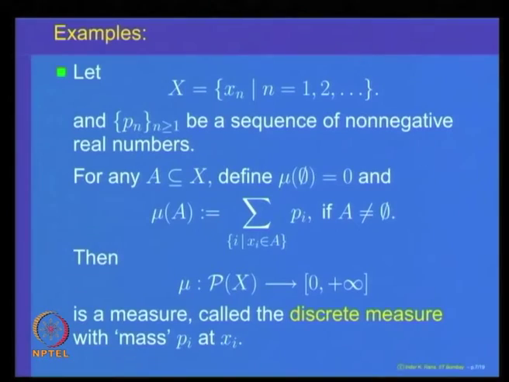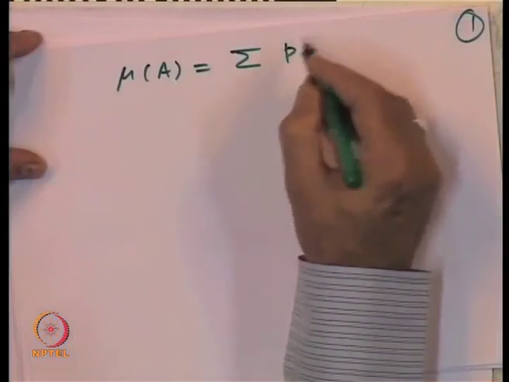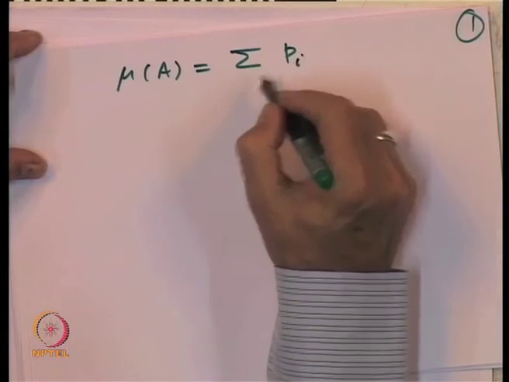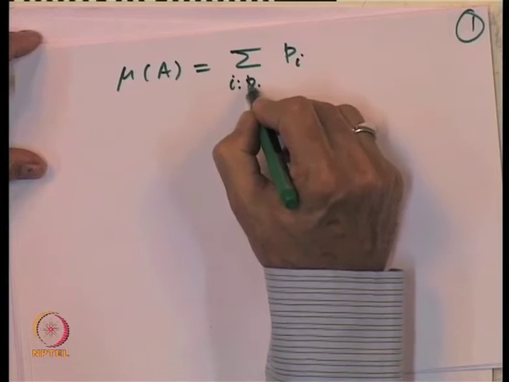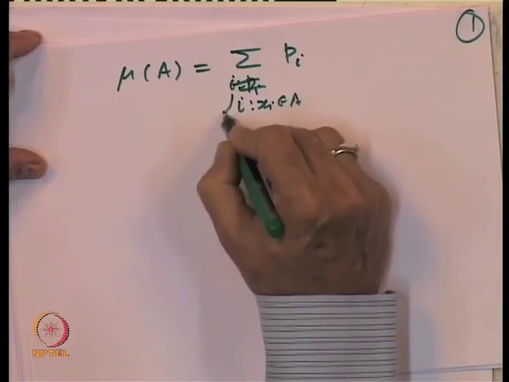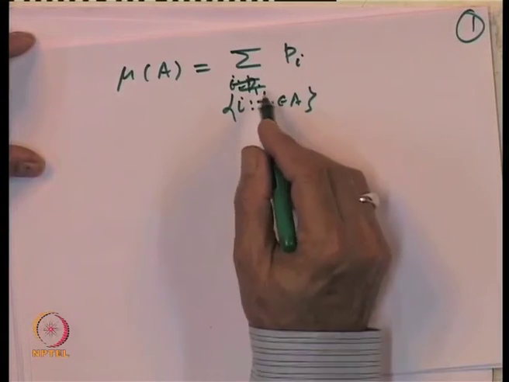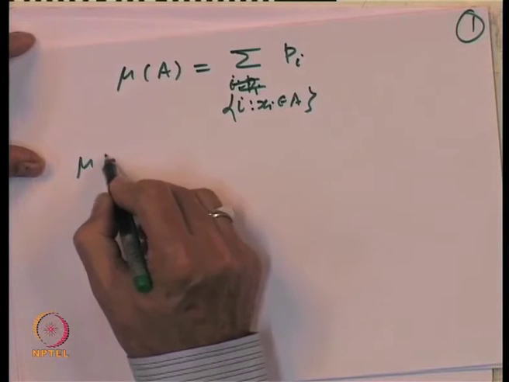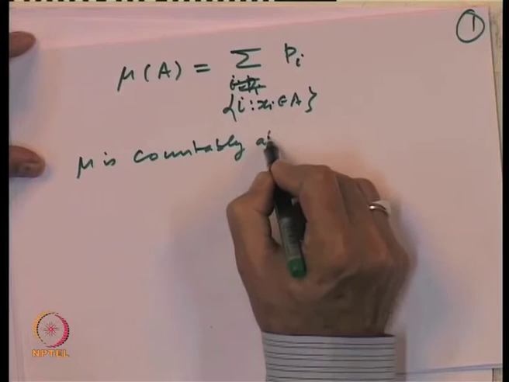So, we are defining mu of A to be equal to the summation of p i, where i is such that x i belongs to A. So, mu is countably additive.